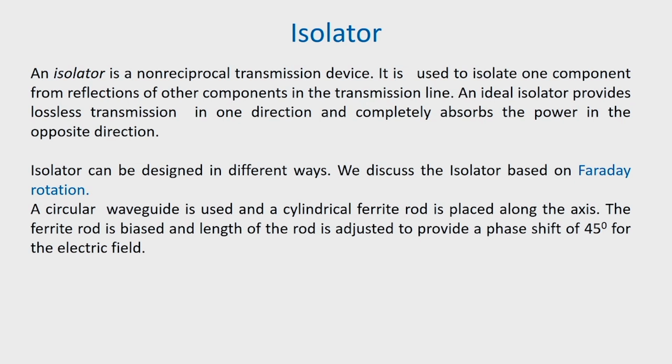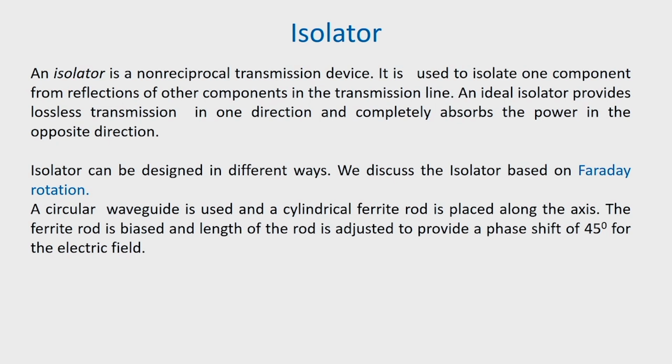A circular waveguide is used in the design, and a cylindrical ferrite is placed along the axis. The ferrite rod is biased and the length of the rod is adjusted to provide a phase shift of 45 degree for the electric field. We have seen that Faraday rotation will rotate the polarization of the electric field.